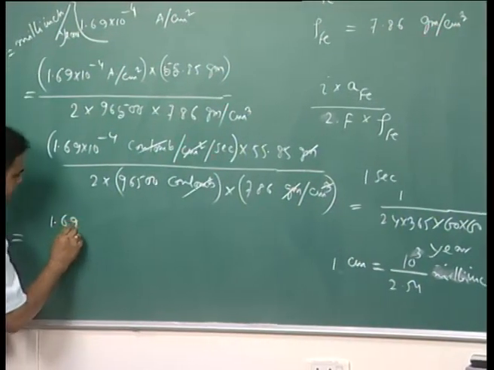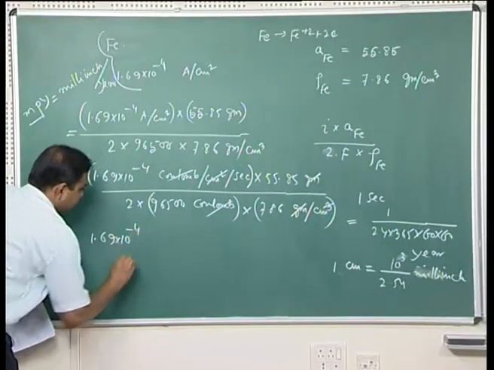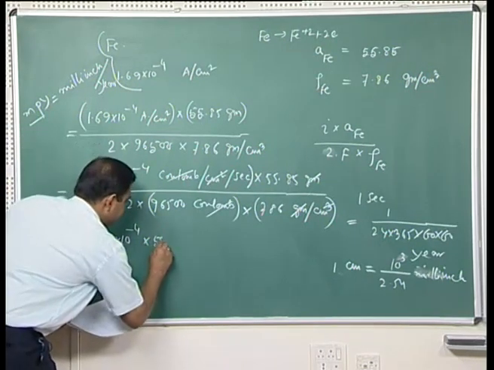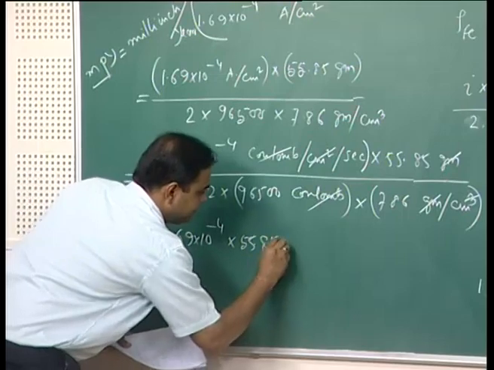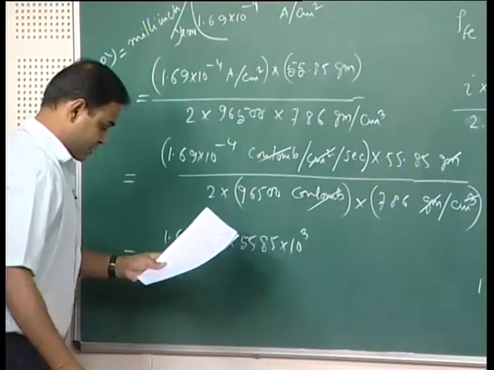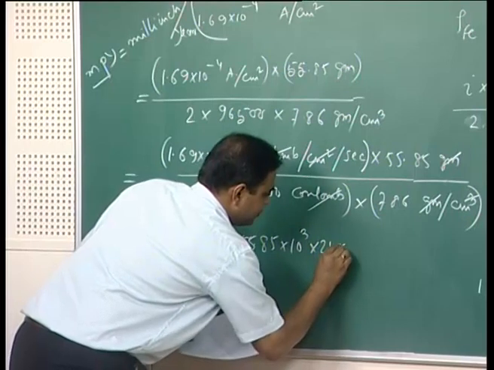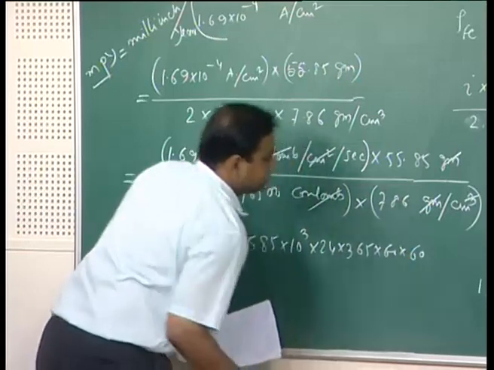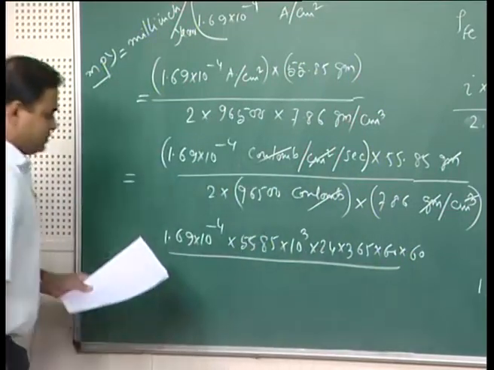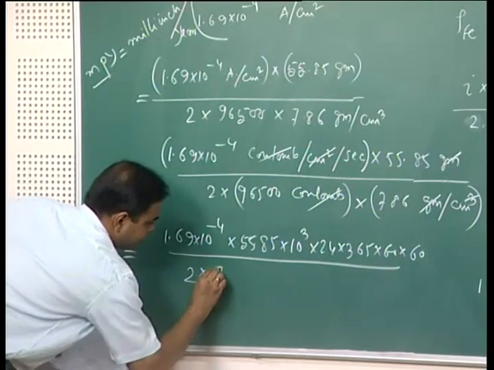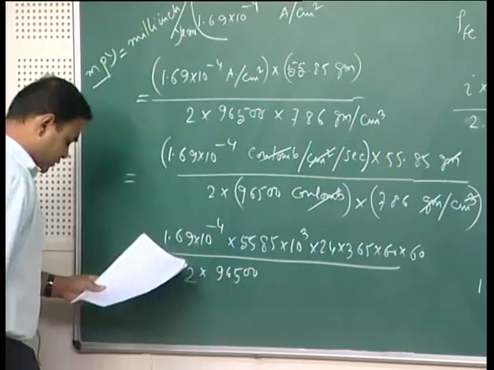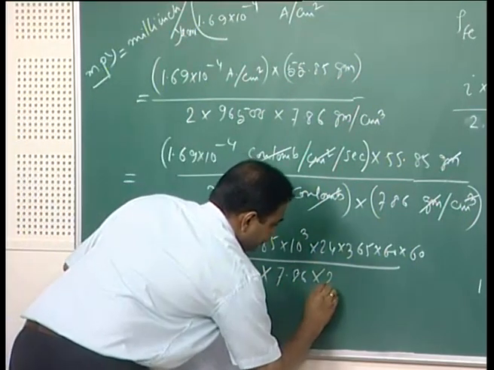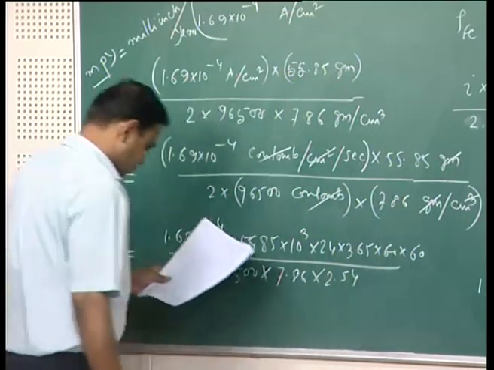So, 1.69 into 10 to the power minus 4 into 55.85 into 10 to the power 3 into 24 into 365 into 60 into 60, divided by 2 into 96500 into 7.86 into 2.54.